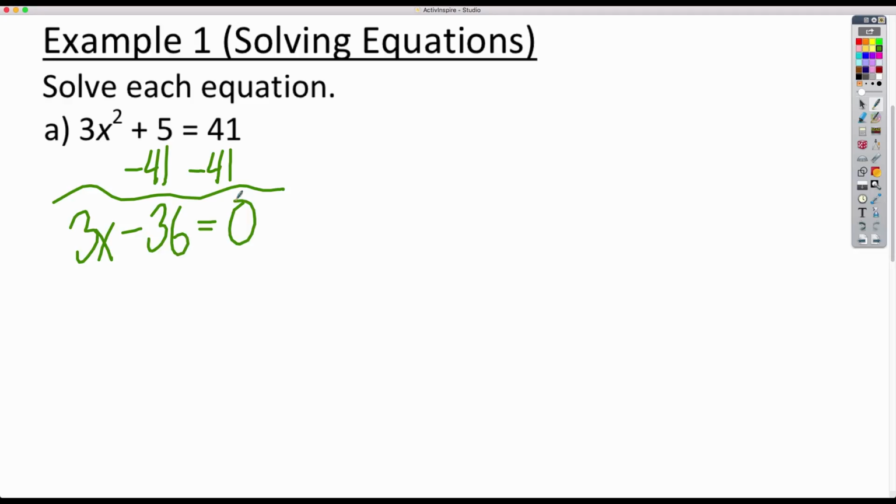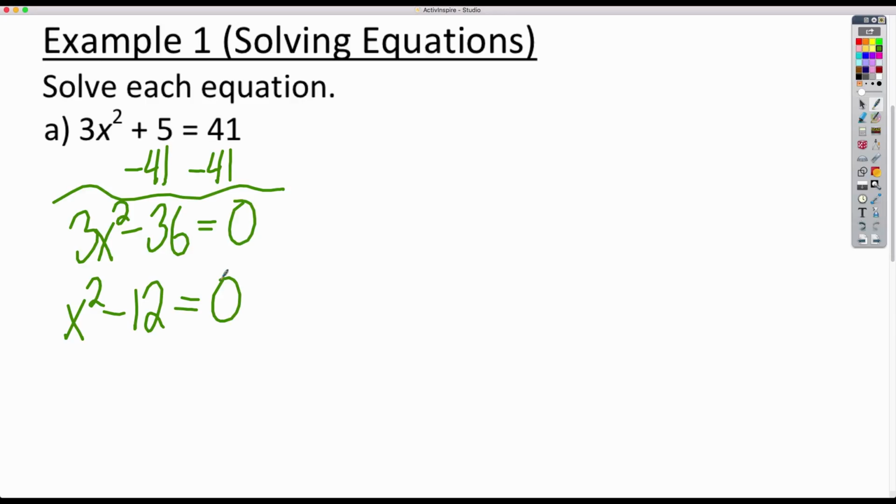No? Sorry, squared. And now I could say, okay, well, 3 and 36 have a common factor of 3. So we could divide everything by 3. We get x squared minus 12 equals 0. And then, I don't know, I'd have to try and figure out how to factor that. Or maybe use the quadratic formula or something.